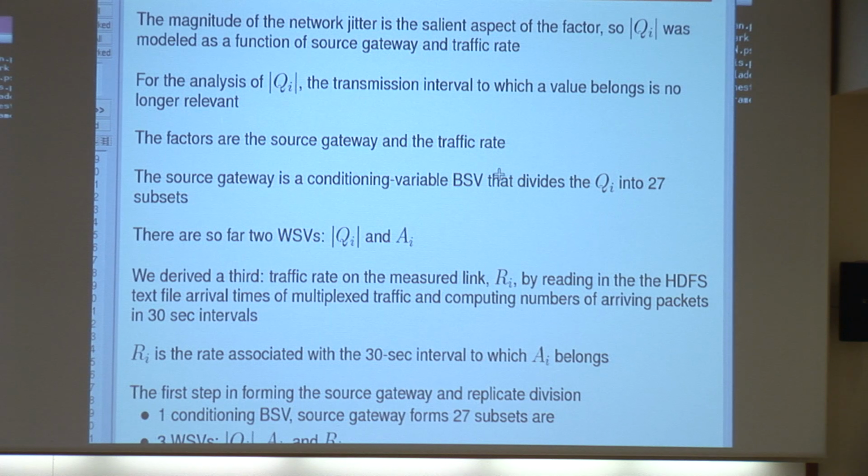So the source gateway becomes a conditioning variable, which divides these jitter values into 27 subsets. Of course, associated with every jitter value is an arrival time of the first packet. We still retain that because we have to know when it occurred, so we know what the traffic rate was at the moment of that jitter.